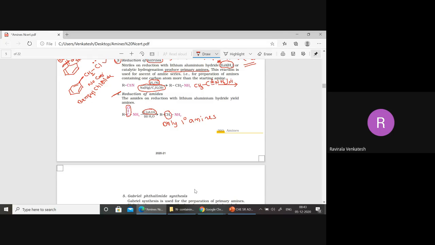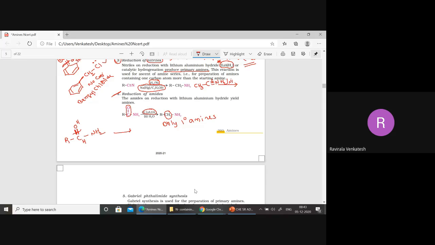Now what happens here also? The same thing is happening. R, C double bond O, NH2. Now what you are doing is breaking the bond first of all. You are breaking one bond and keeping one hydrogen. Even though we are breaking this sigma bond, why? Because this OH will want to get that hydrogen to get converted into water.